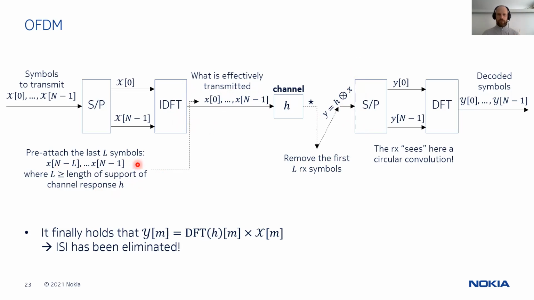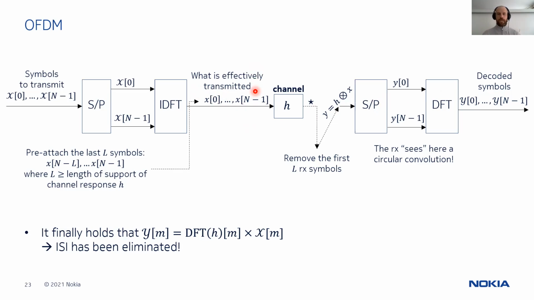So you pre-attach the last L symbols in order to let the receiver feel that there is a circular convolution, because the channel response is acting as if it were acting in a circular way on what you have transmitted.